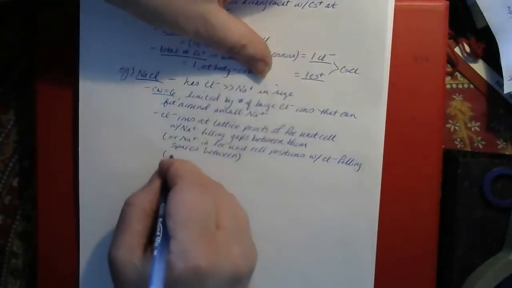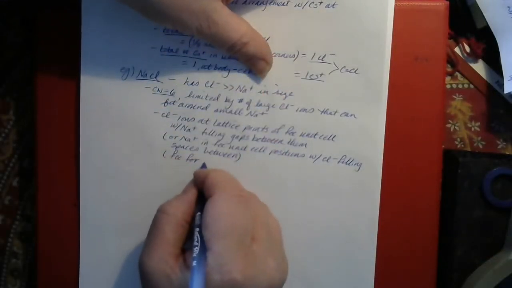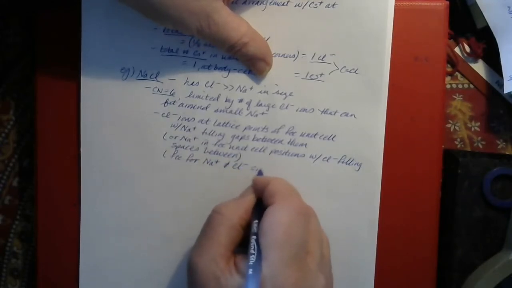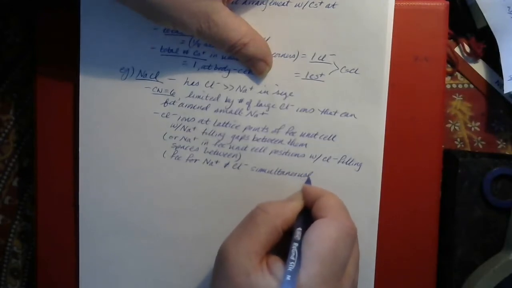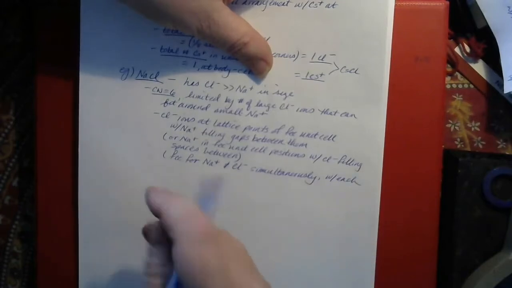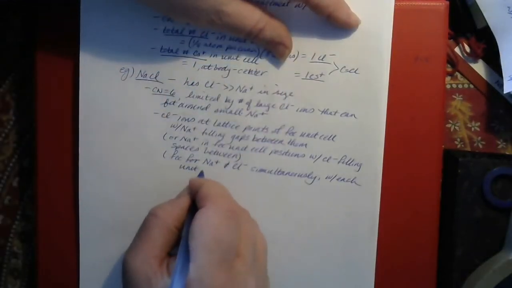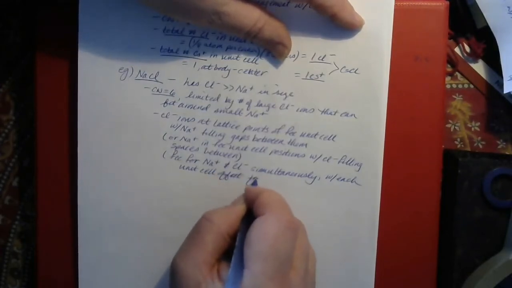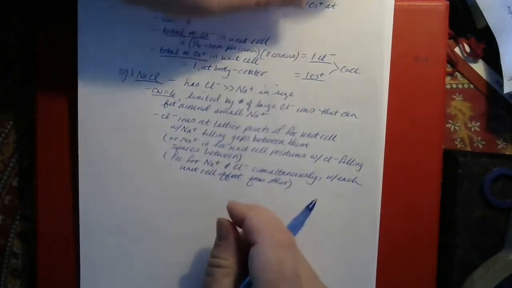So you've got face-centered cubic for Na+ and Cl- simultaneously, with each unit cell offset a little bit from the other. So that's yet another way of looking at it.